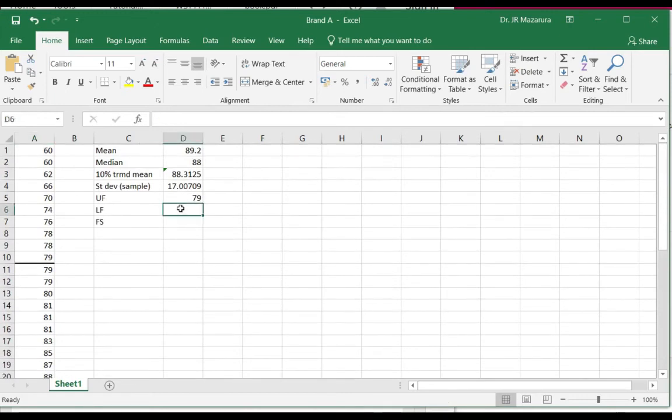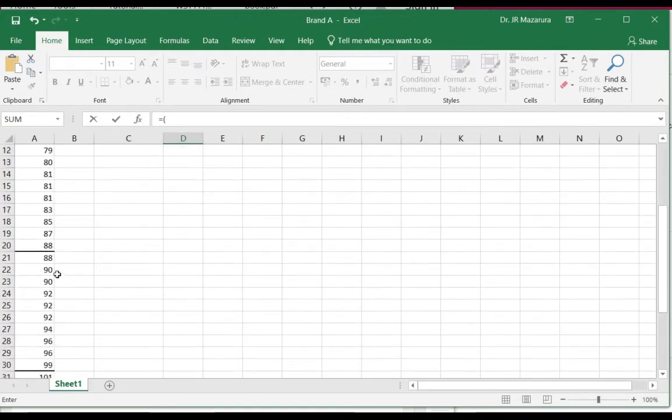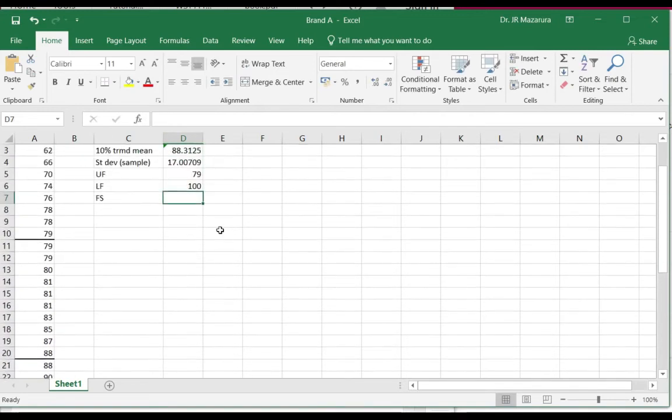So I said equal, and then you can do it the same way we did it, where you open bracket and you add the two, or you can do the average. So let me do it the same way. So 99 plus 101 divided by 2. So you can see my formula, and if I press enter, it gives me 100. And then my fourth spread is equal to the, oh, I swapped them around.